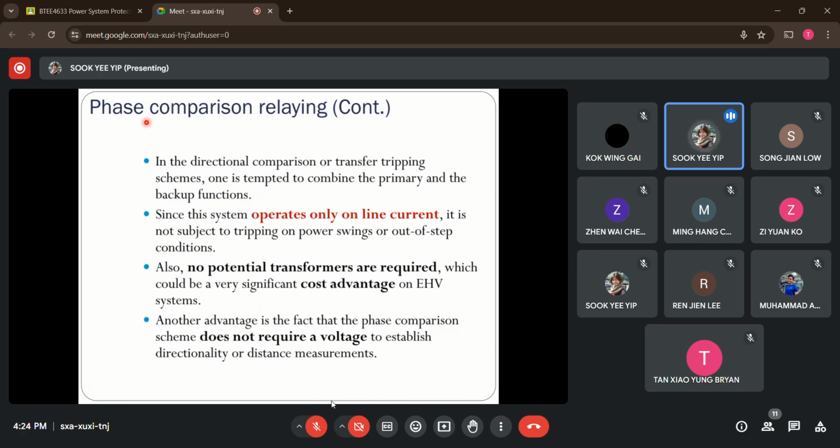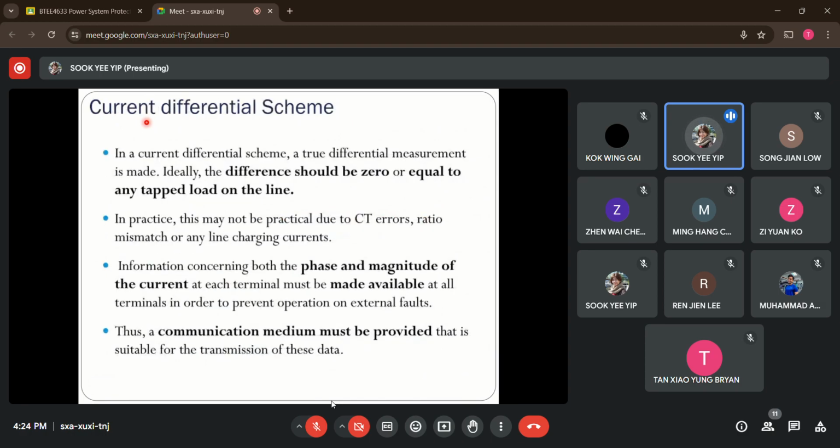Okay, so what else do we have here? The next protection scheme that could also be used as main protection is known as the current differential protection scheme. This is the well-known principle whereby we compare the current entering and leaving the line.